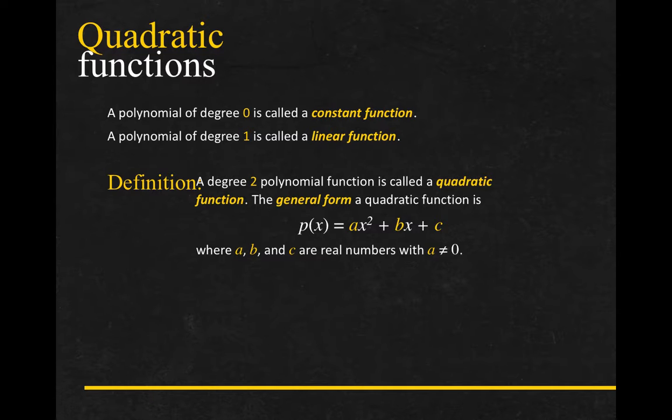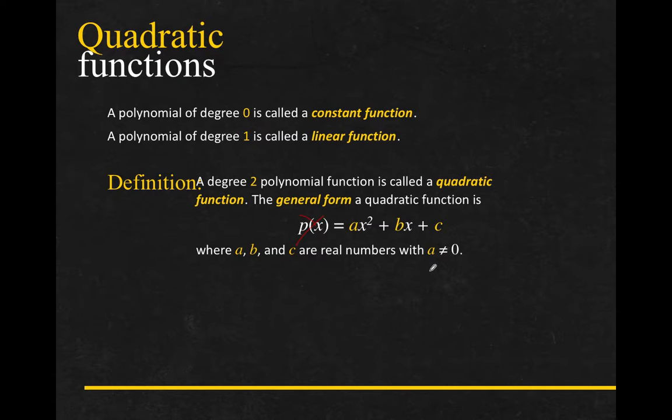A polynomial with a degree of 2 is called quadratic. You'll see that the general form of it, or what we call the standard form, is y equals ax squared plus bx plus c, where a, b, and c are real numbers, so they could be negative infinity to positive infinity, decimals or whole numbers.